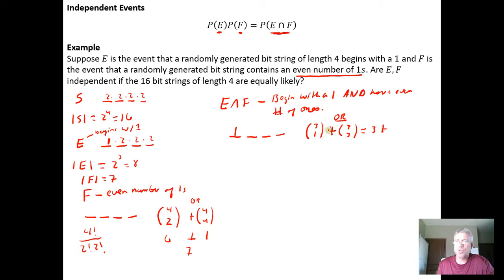And 3 choose 3, there's only one way to do that. So there are 4 elements in that intersection. The size of the intersection is 4.